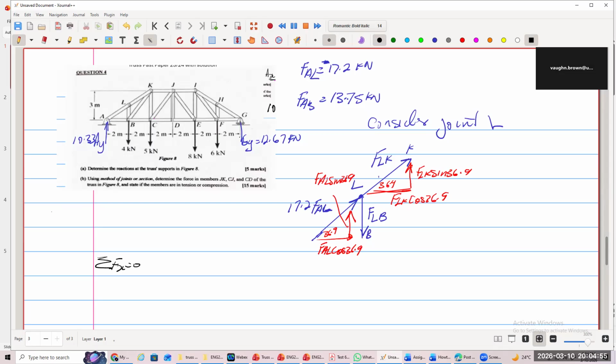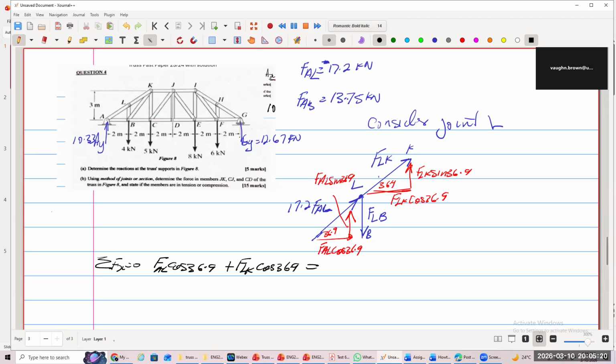So the first force is going to be FAL cos 36.9, and then the next one is going to be plus, same direction, FLK cos 36.9. All right, do I have any other?